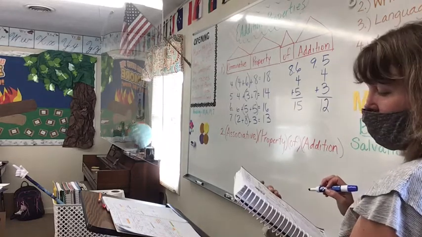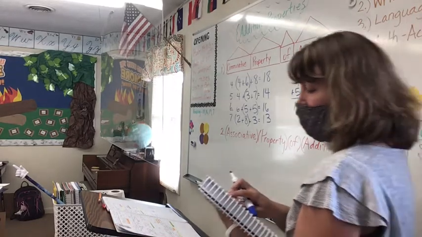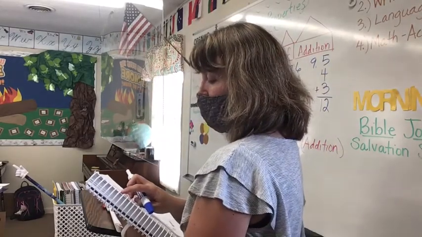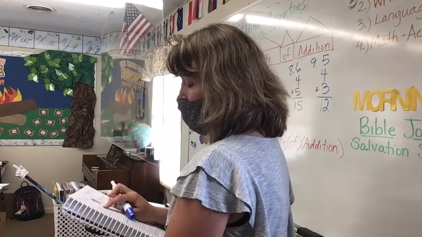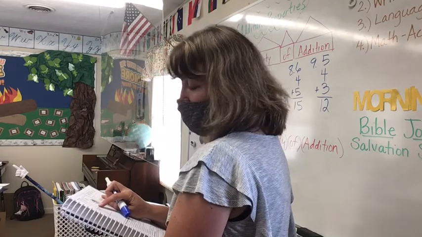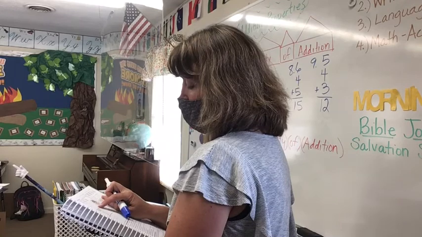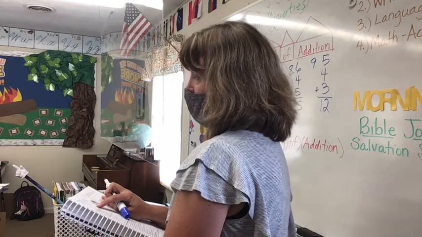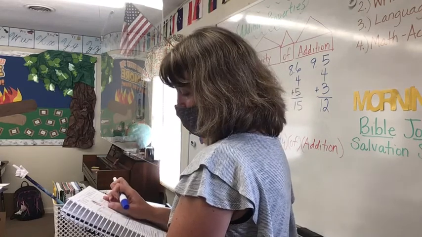And then number 10. Which two digits make 10? 7 and 3, and then plus 5 is 15. Okay, and then number 11, they don't equal 10, so we'll just have to add. So 5 plus 4 is 9, and 9 plus 8 is 17. Good.